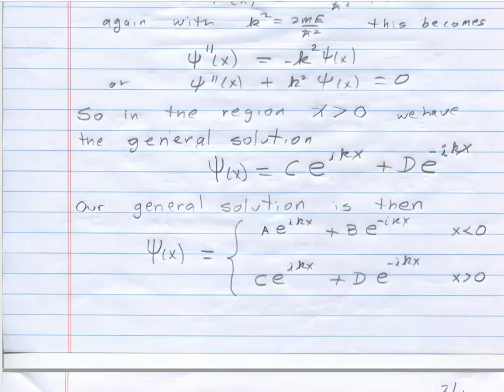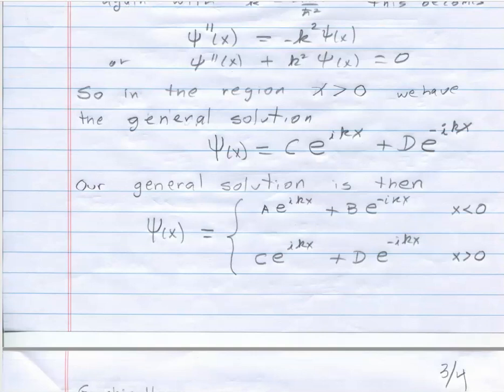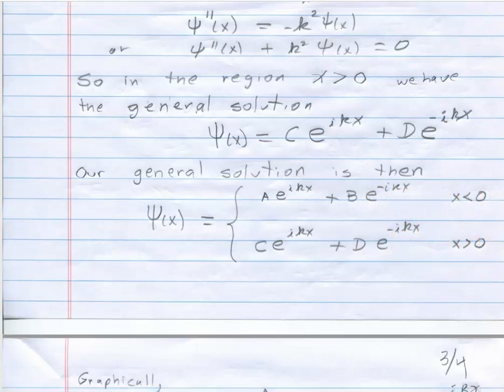Our general solution then, which we have virtually everywhere except exactly at x equal to 0, has four constants to be determined, A, B, C, and D. And it's of this form for x less than 0 and of this form for x greater than 0.